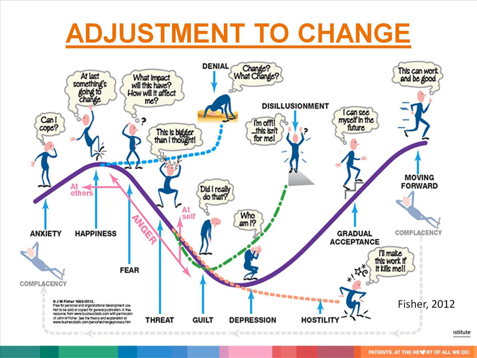To help people move through the transition effectively, we need to understand their perception of the past, present, and future. What is their past experience of change and how has it impacted on them? How did they cope? Also, what will they be losing as part of the change and what will they be gaining? Therefore, the goal of the change agent is to help make the transition as effective and painless as possible.